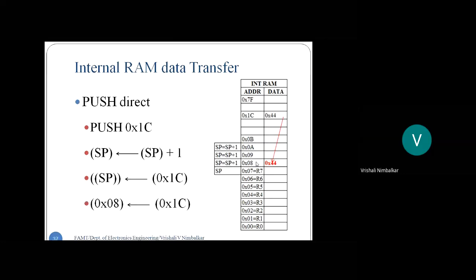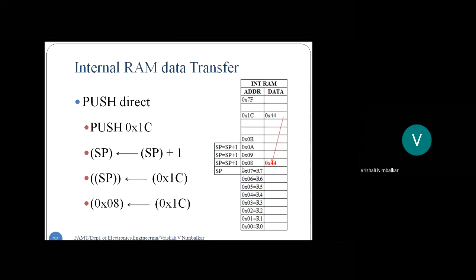8 hex. Correct? See here, the stack pointer was having 7 hex, which is also the R7 register. But the way stack is used, the stack first increments and then the data is stored.